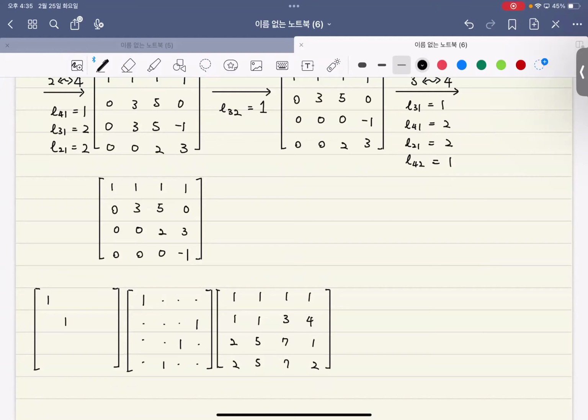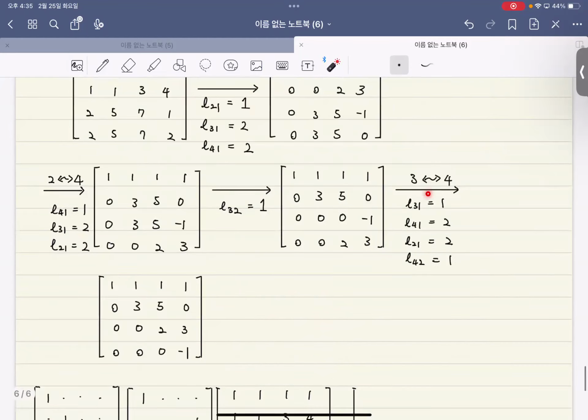Okay, so once you apply these two permutations to this matrix, then this matrix must have the LU factorization. So what is L?